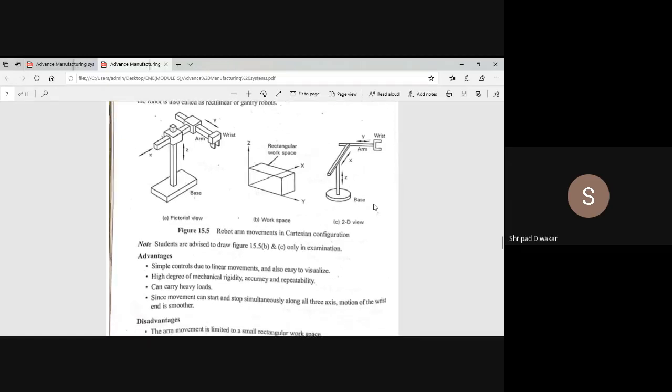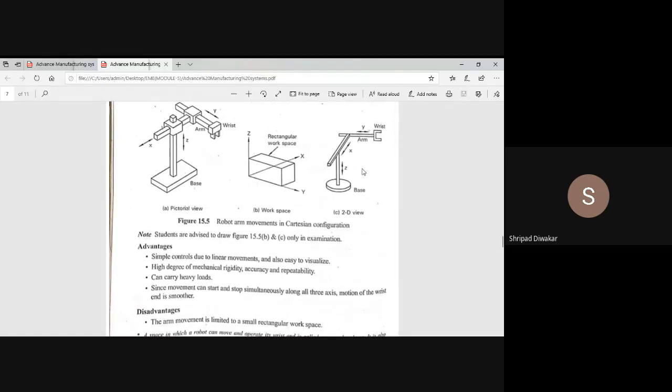Since the movement can start and stop along the three axes, the motion of the wrist end is smoother. Here it is very easy to control the motion of the robotic arm, and hence the operation of this robot is quite smooth as compared to other robotic configurations. So it is simple in controls, easy to visualize, can carry heavy loads, has a high degree of mechanical rigidity, accuracy and repeatability, and the operation is quite smooth.